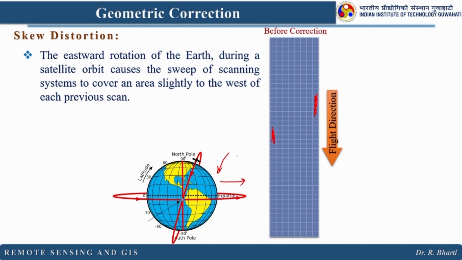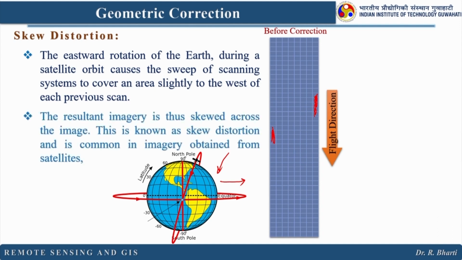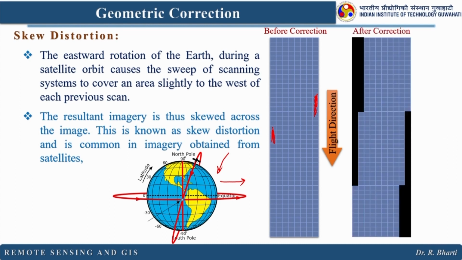So, there will be a slight change in the position and coverage of the satellite. The resultant imagery is thus skewed across the image. This is known as skew distortion and is common in imagery obtained from satellites. Here this is the corrected image, so you can find how much it has been shifted.